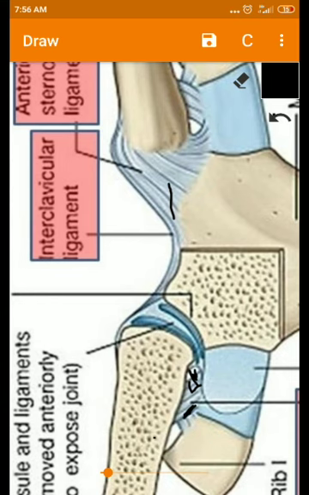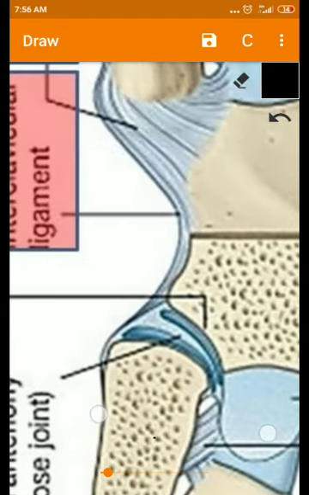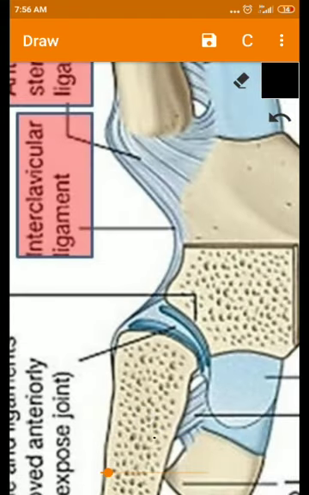The anterior fibers are running upwards and laterally, like this.